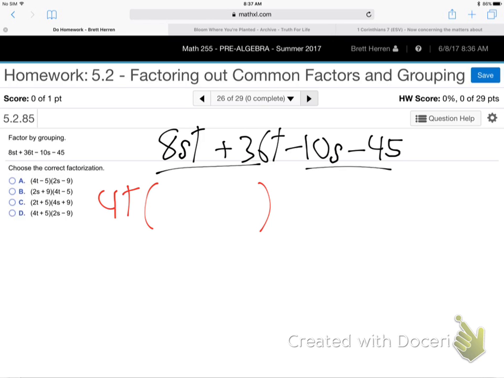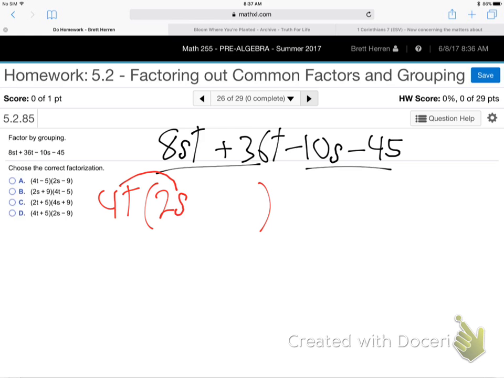You want the greatest number that'll go into 8 and 36. That'd be 4. All right, so 4 times what? 2 and S. Good so far, right?